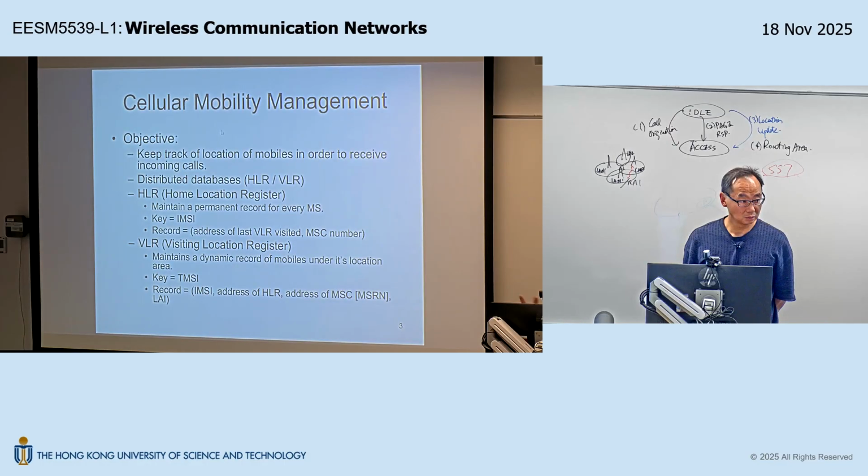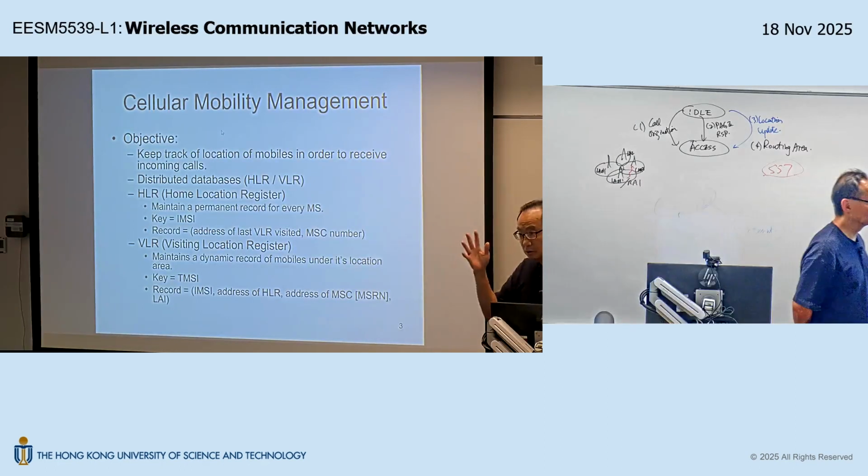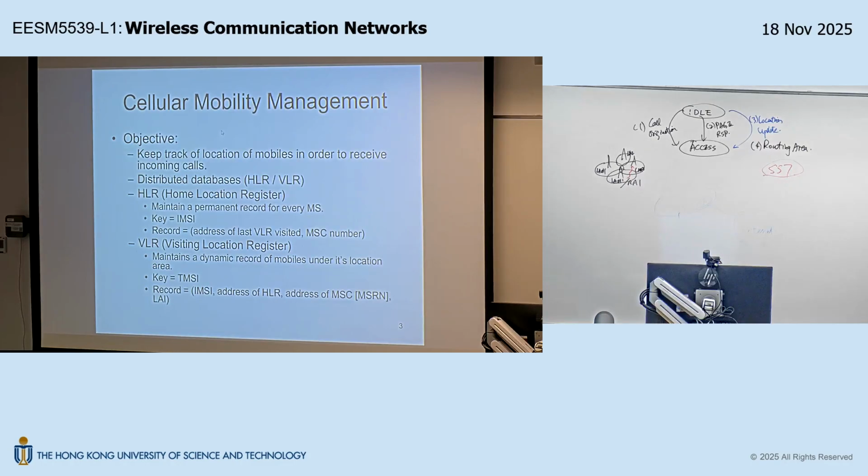But remember in the previous chapter when we talk about CDMA system, we also talk about handover, right? Remember soft handover, right? As the mobile move between base stations, when mobile has to, from time to time, measure the pilot strength, right? To keep track of, to catch the handover opportunity, whether it's an add event, drop event, or swap event, right? And report this to the base station controller for handover.